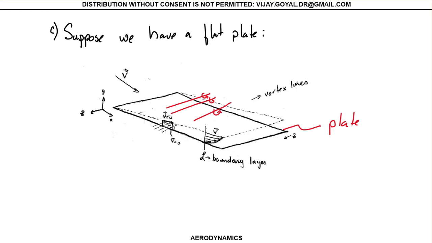Let's suppose I take a small segment of the boundary layer. Through that boundary layer you're going to have many different segments of vortex lines. And here at the bottom, the velocity at the surface will be 0 because of the no-slip condition, if you remember that.